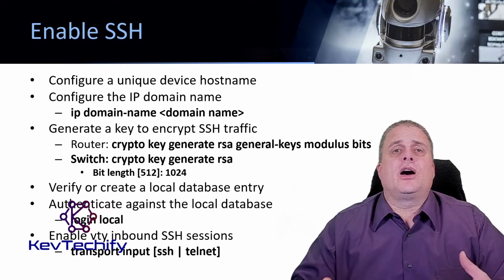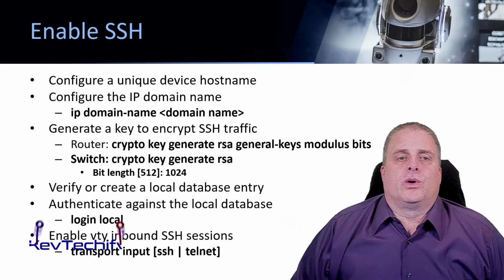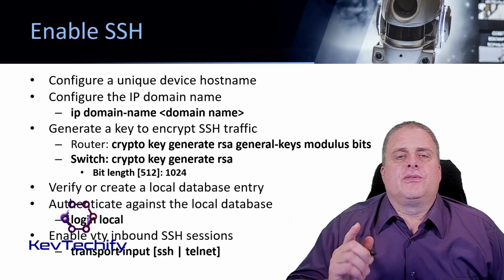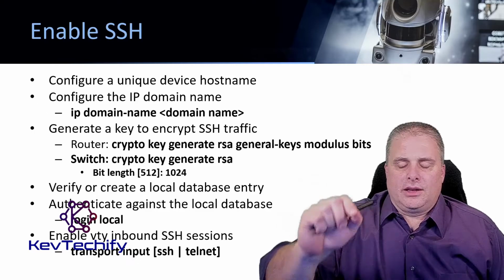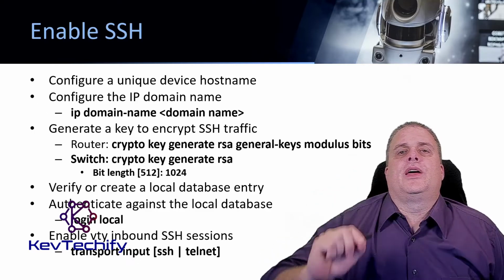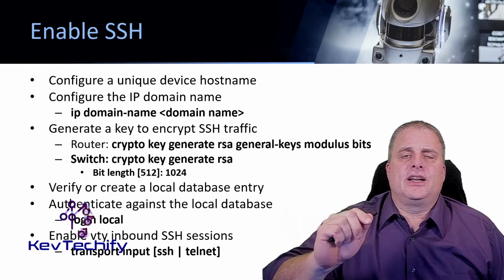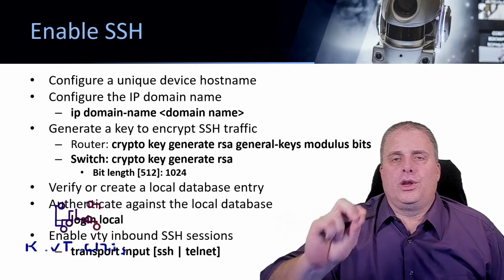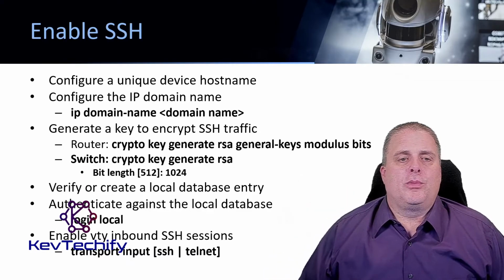To set this up, there are several steps to getting SSH working. First one is you need to configure a unique host name. On your network, there needs to be only one device with that host name. Second thing is you need to set a domain name up for your device. That is done here with the ip domain-name command.